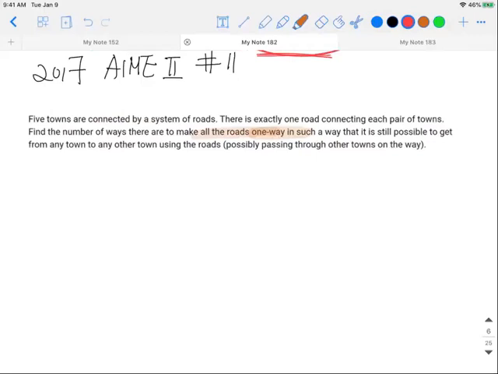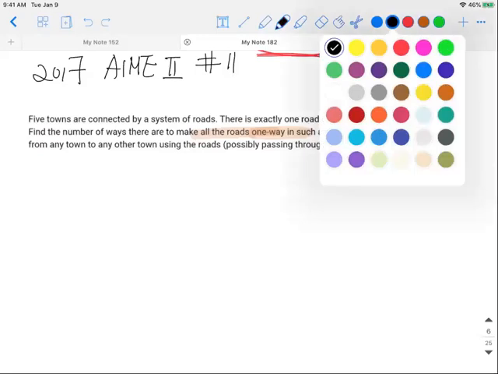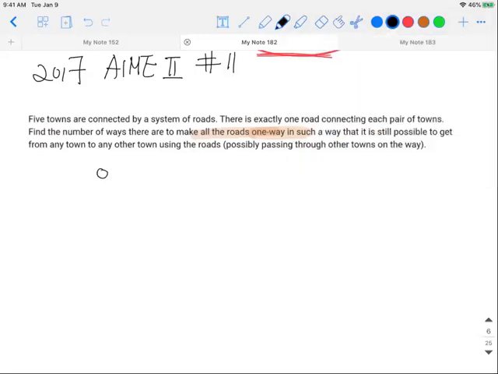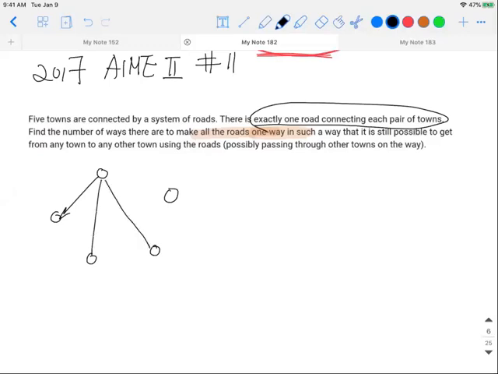Okay, so this is the problem. I'm going to draw it something like this: 1, 2, 3, 4, 5. The question says there is exactly 1 road connecting each pair of towns.